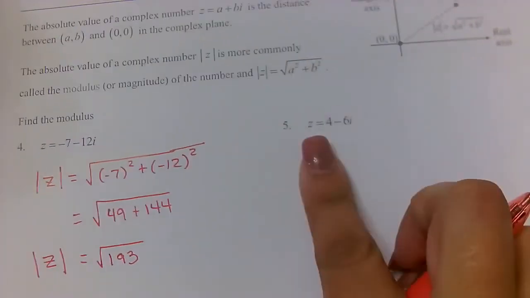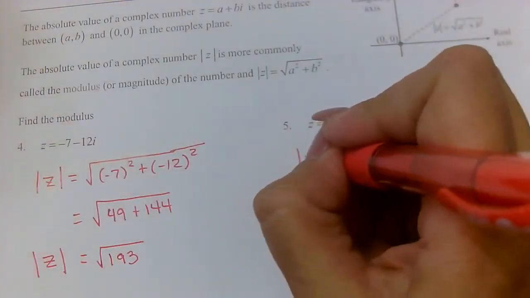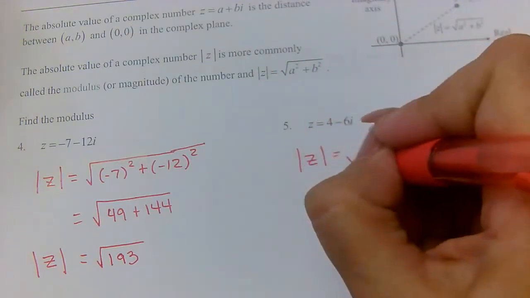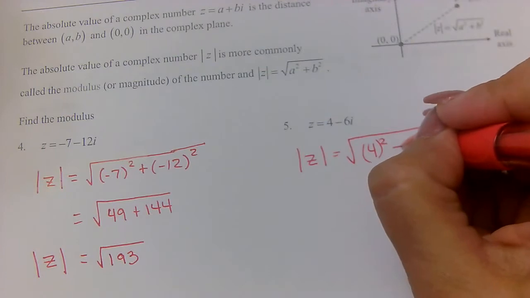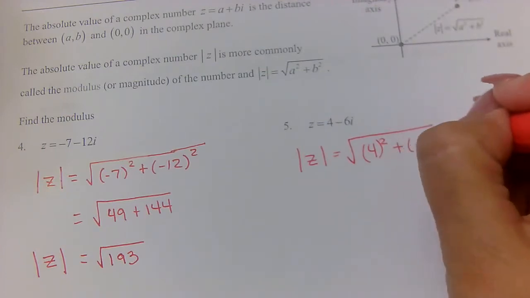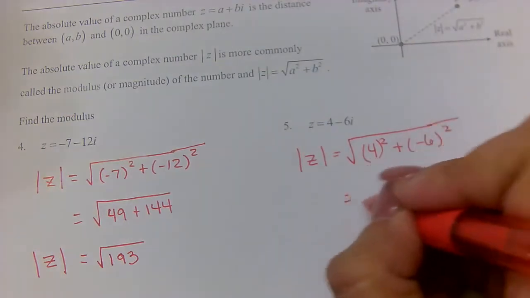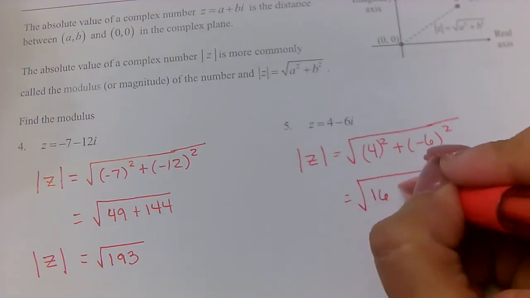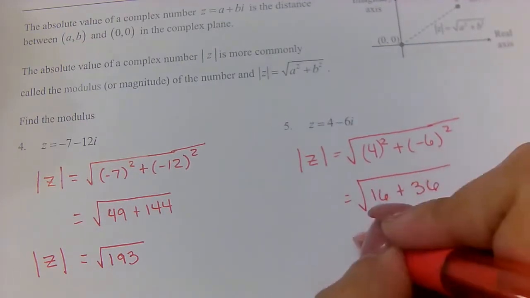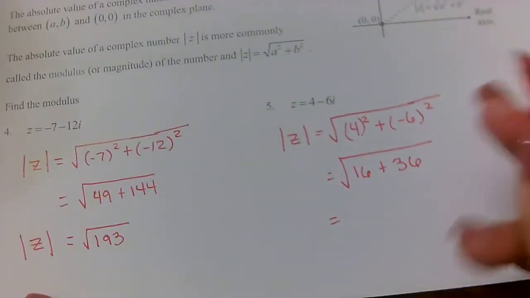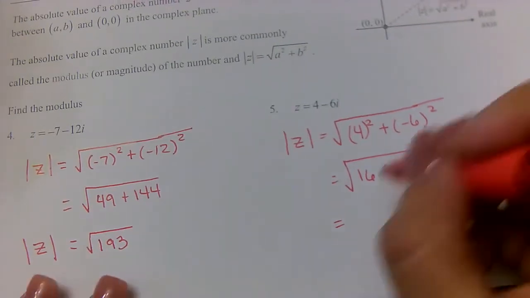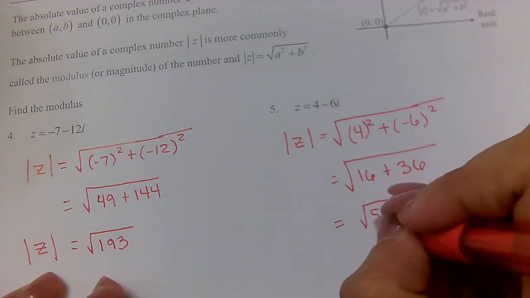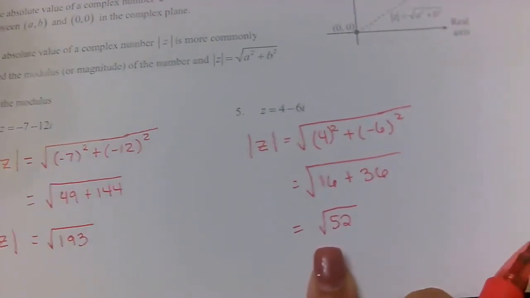For number 5, we're going to find the magnitude of z again. 4 squared plus (-6) squared is 16 plus 36, which is equal to the square root of 52. And if you remember, we need to simplify this.